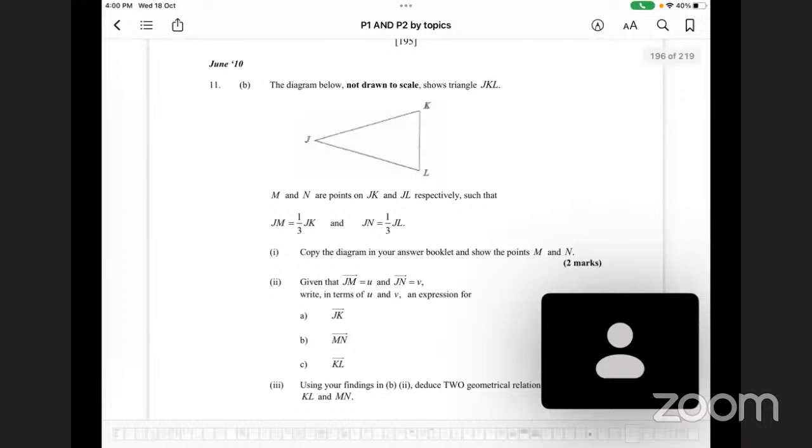So draw a diagram, see if you could put in those things and let us fix it. Do a diagram first. Put M and N in the right positions. Right, see if we can do part 1, 2. Forget 3, I didn't show 3 as yet.